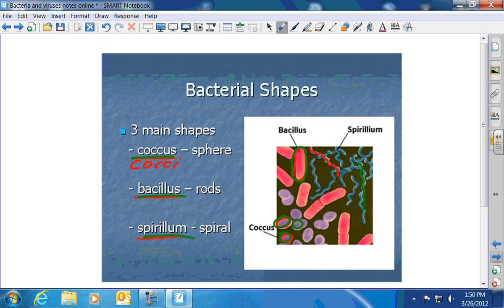They can live in a colony of 2, or more than 2. We can call that diplobacillus. That's diplo meaning 2, bacillus living together. Or diplococci, 2 cocci living together. Okay, but they're each independent organisms.